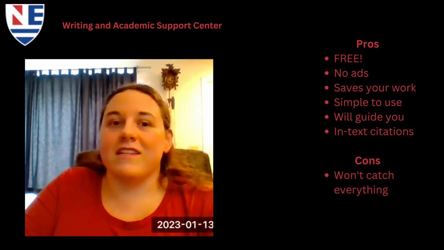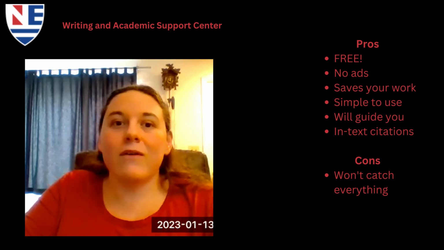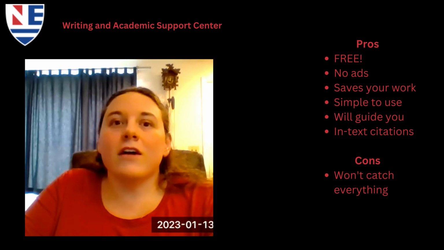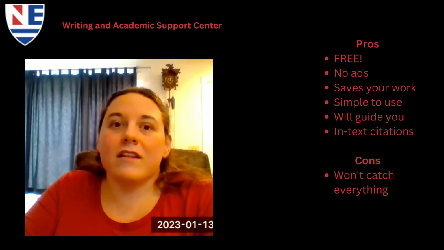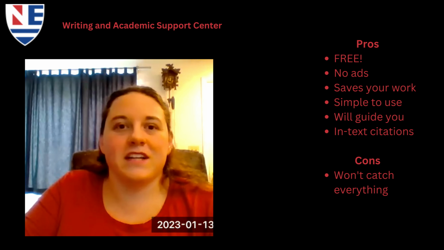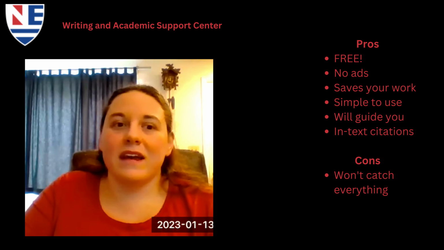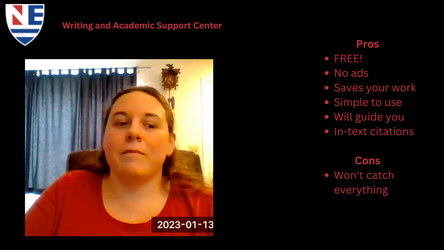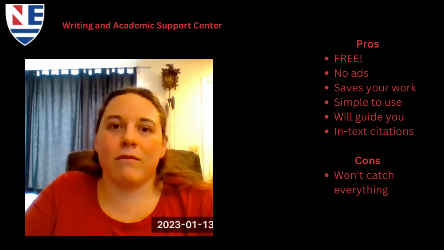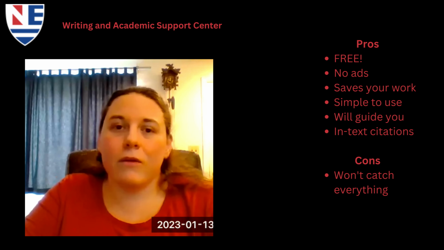I also like that it saves your work, especially if you make an account. It's always there for you. There is a slight learning curve to it, but overall, it's pretty simple to use once you have done 1 or 2 citations. You're like, oh yeah, I get it now. And it continues being just that simple. I also like that it prompts you. So if it sees something that might not be right, it'll ask you like, oh, is this right?